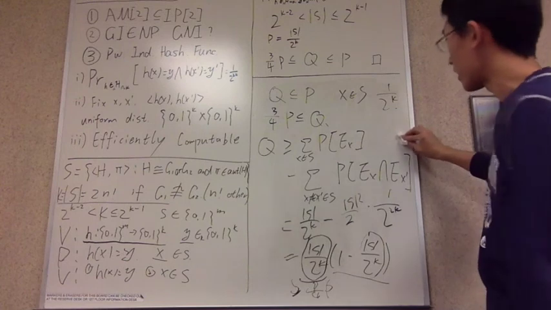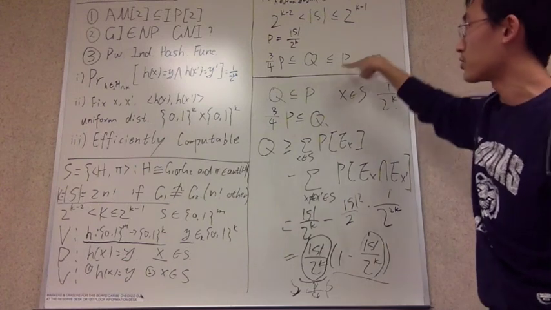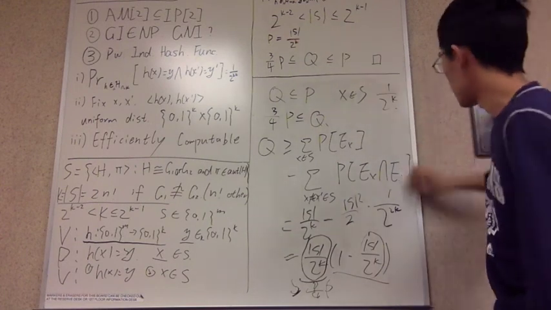And now we show how this formula will help to prove that graph isomorphism is in AM2.